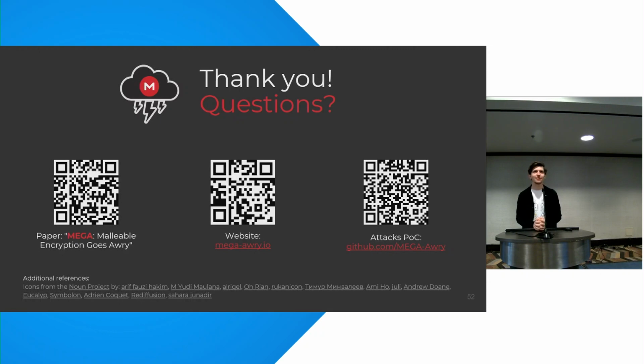In the meantime, we have a question. Go for it. So does Mega also have an offline password attack? I couldn't tell from the talk, but if you were able to recover basically the encryption of one of the keys, couldn't you do an offline password attack on that as well? Yes, so Mega themselves can run an offline password attack based on the material that's exchanged in the authentication protocol.